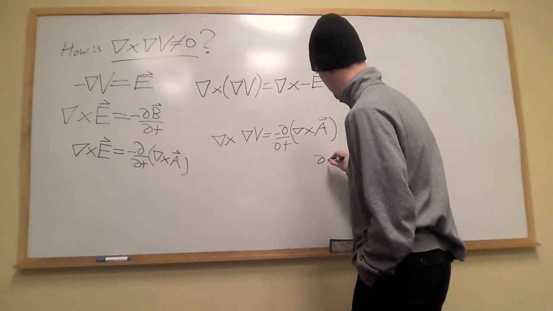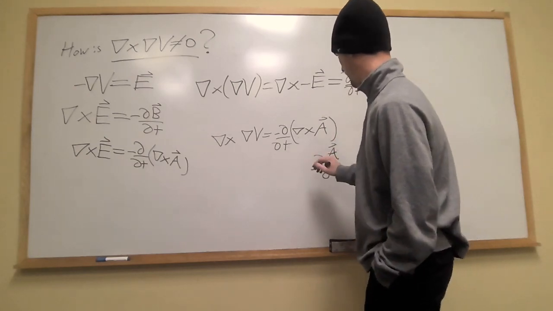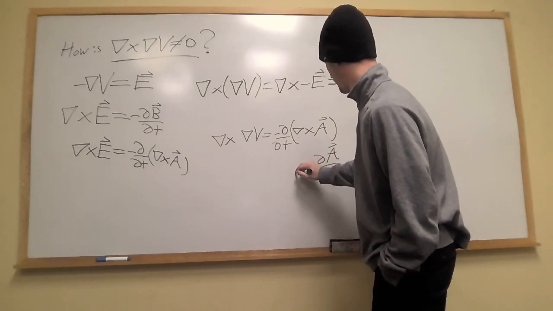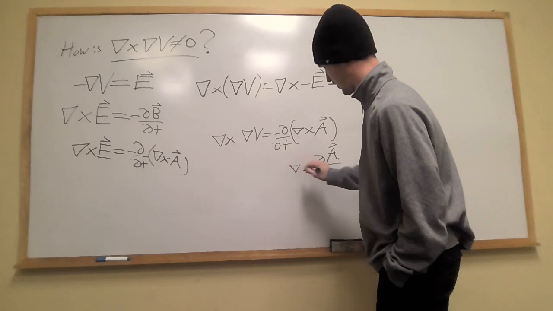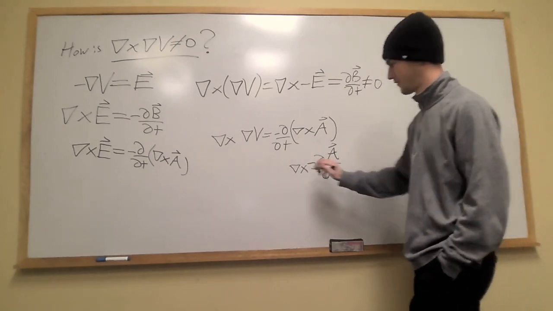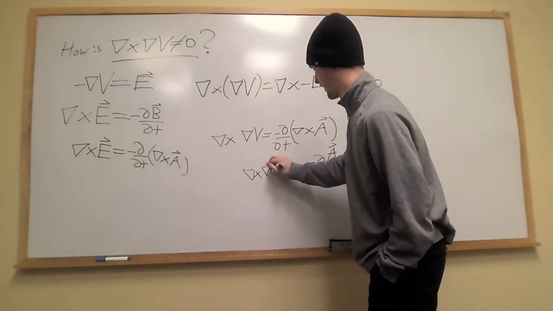So we have partial A partial t, and then minus, doesn't matter though, equals, and I forgot to bring that out, the curl of the minus partial A partial t equals the curl of the gradient of voltage.